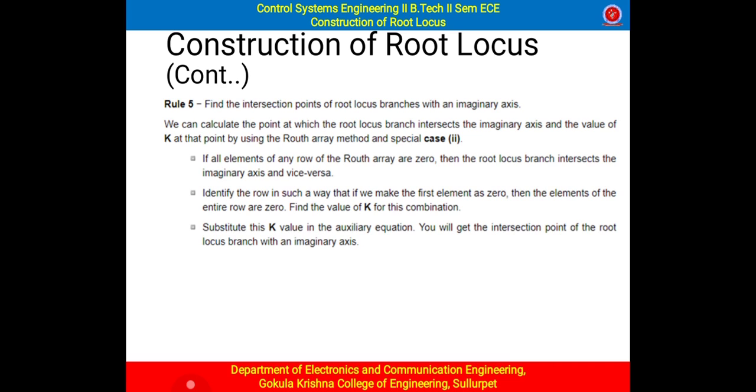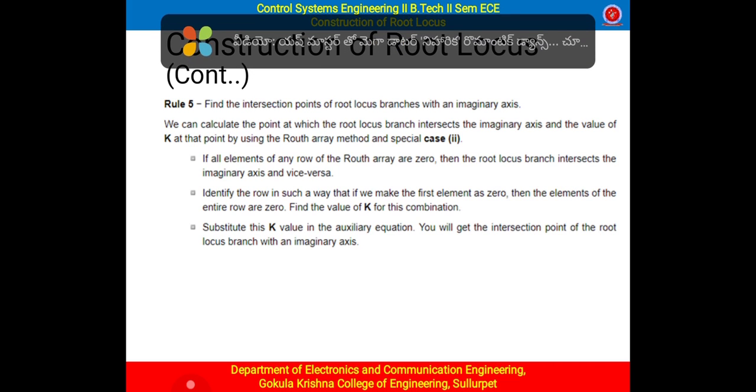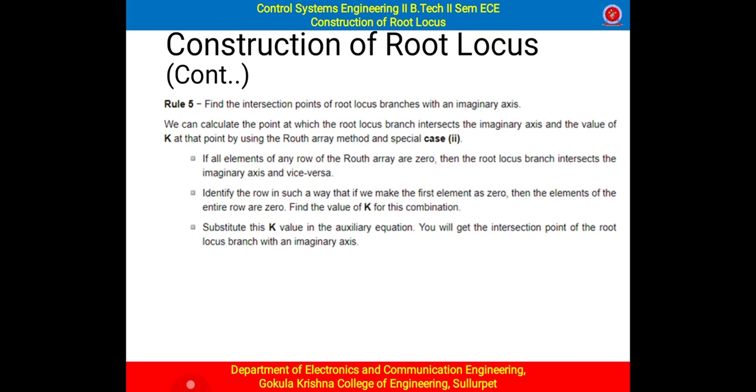If all the elements of a row of the Routh array are 0, then the root locus branch will intersect the imaginary axis, and vice versa. We have discussed the Routh table. In the second special case, where we get all zeros, the poles exist on the imaginary axis with real part 0.